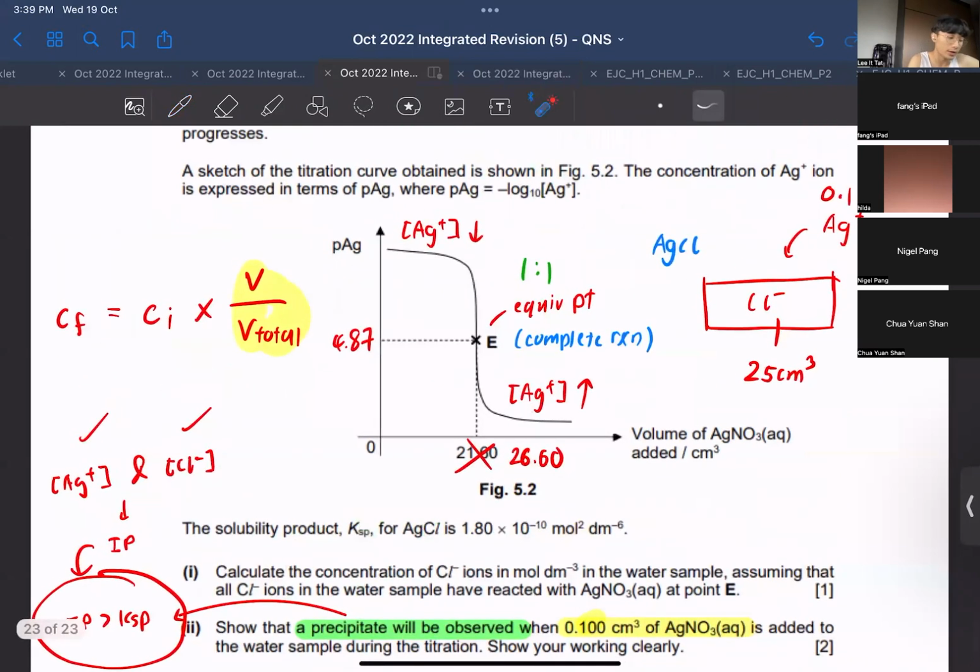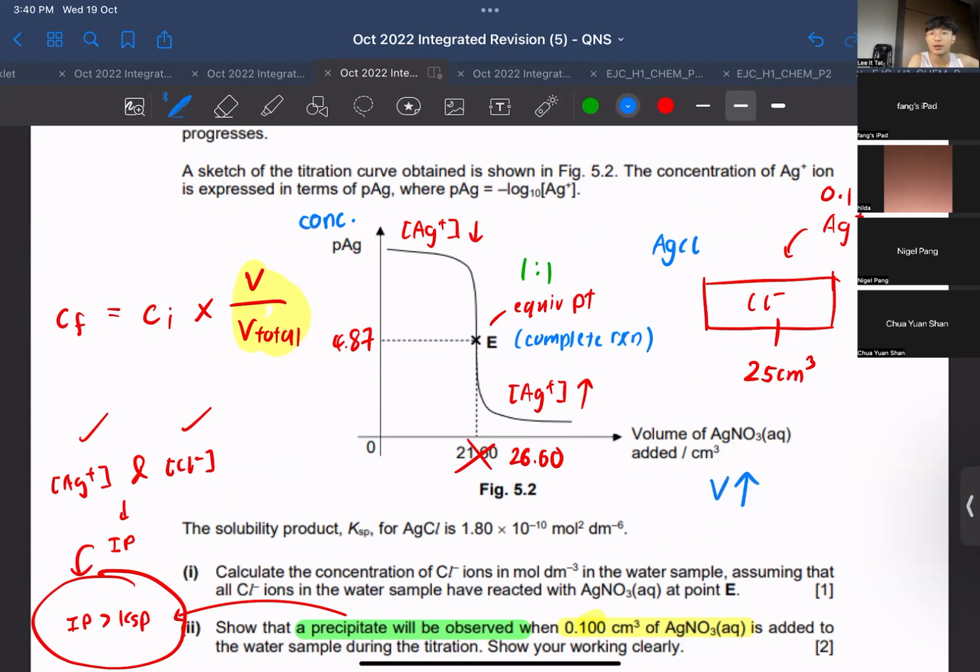Okay, so at the end, it starts to slow down because the more Ag+ you are adding... First of all, I need you to realize that this y-axis is a measurement of concentration. As you are adding more and more Ag+, the volume of the mixture will increase.